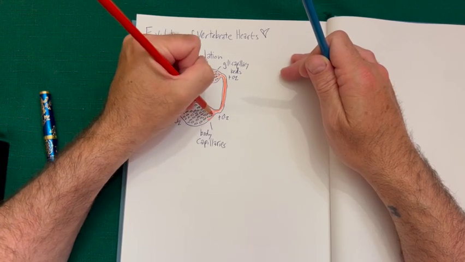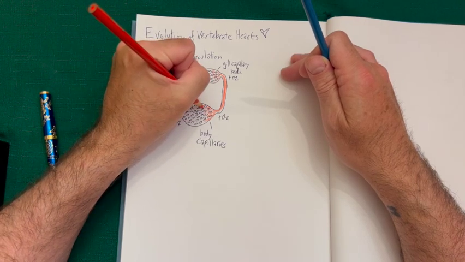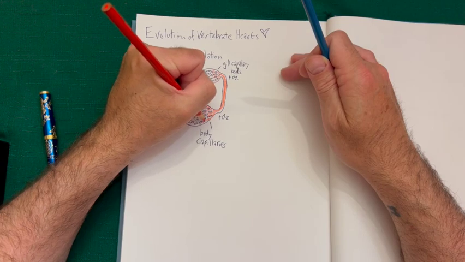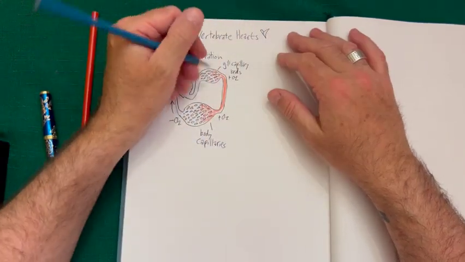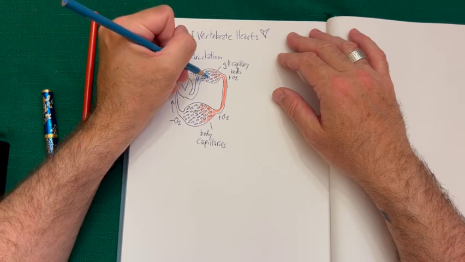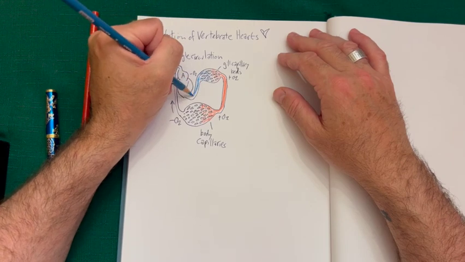You may have heard that oxygenated blood is red and deoxygenated blood is blue. That's not true. You would not be able to look at blood and tell whether it was venous blood or arterial blood, whether it was on its way to the heart or on its way from the heart.